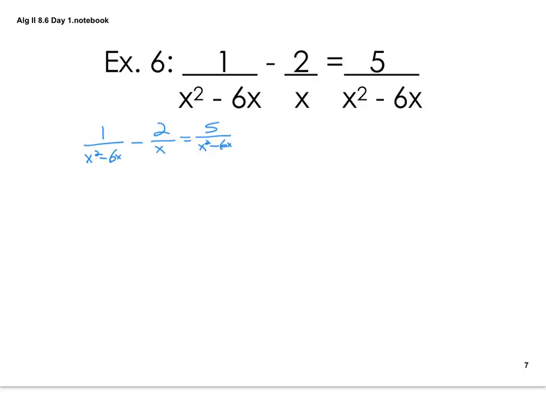Okay. So I'm going to go ahead and do this one. I did this 2 different ways. The first way that I did it, I ended up not being capable of showing you something called an extraneous solution. So I'm going to multiply both sides of my equation by x times x squared minus 6x.